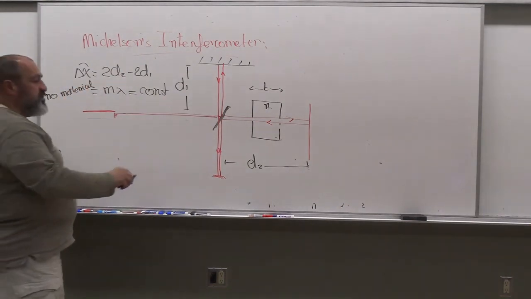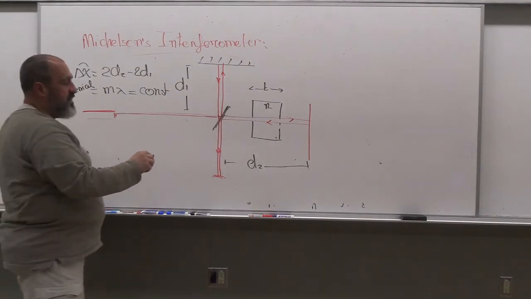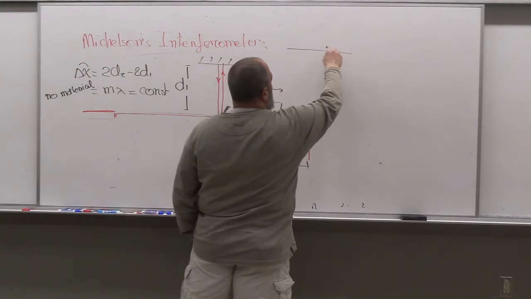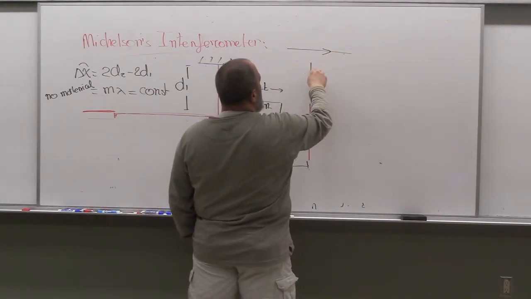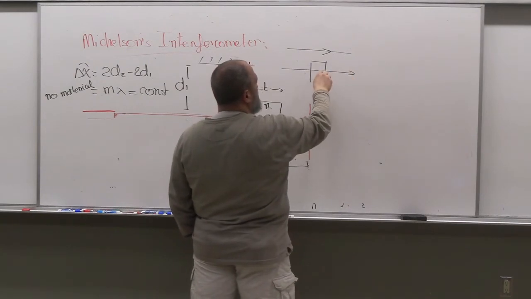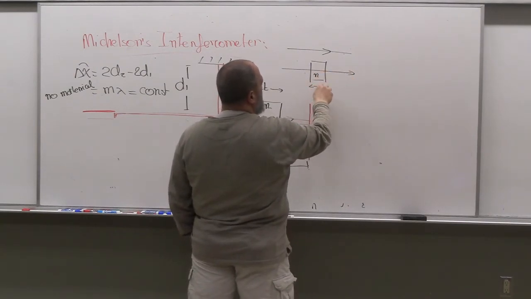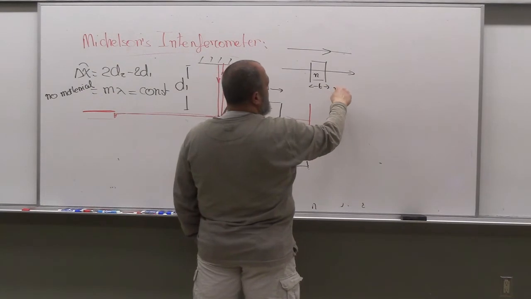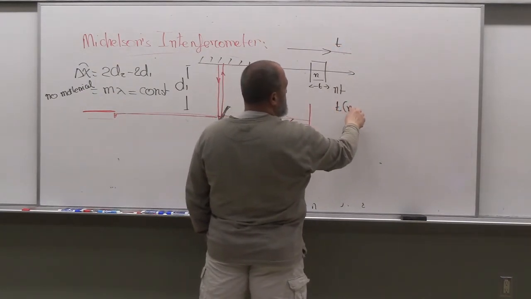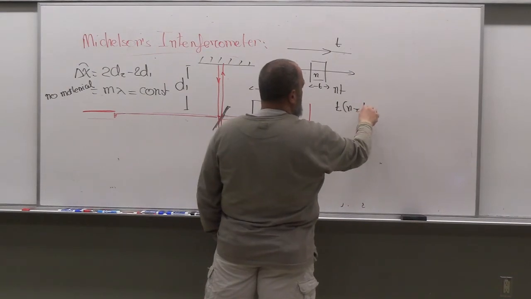Well, it is 2D2. Now, remember, if you have light going through a vacuum as opposed to going through a material of index of refraction n and thickness t, this does nt, this does t, so the extra distance is t into n minus 1. That's coming up again, right?